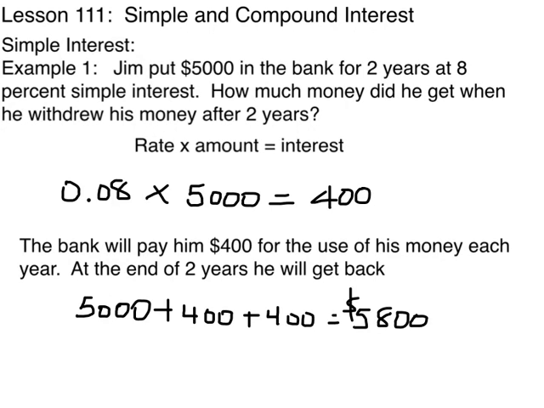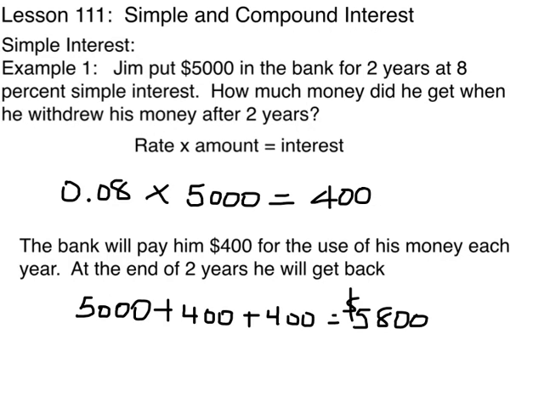Well, to figure that, you would say his rate, which is 8% or 8/100ths, times the amount of money that he put in the bank, which was $5,000, equals 400. So basically, this says that the bank is going to pay him $400 for the use of his money each year. And they loan that money out.